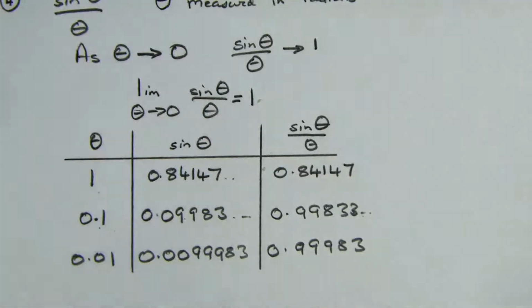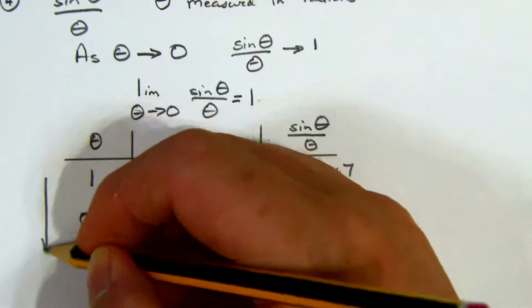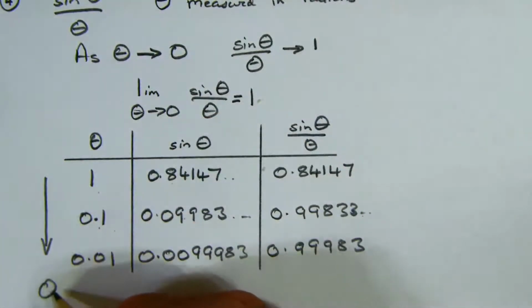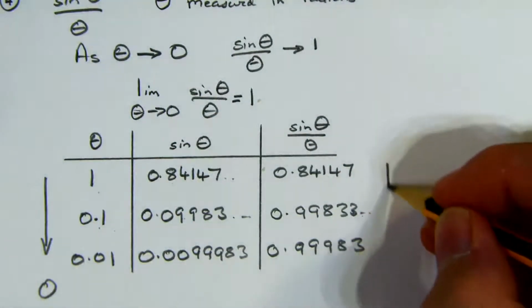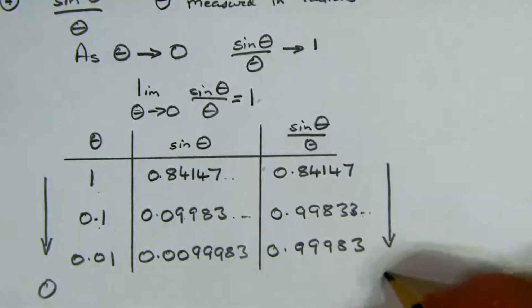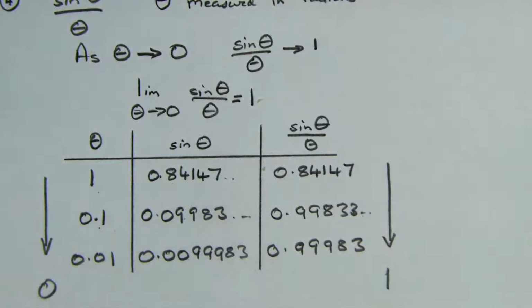We can see that as theta tends towards 0, this number here is tending towards 1. So that's our next little fact that we need to know when we're going to try and do this differentiation of sine.